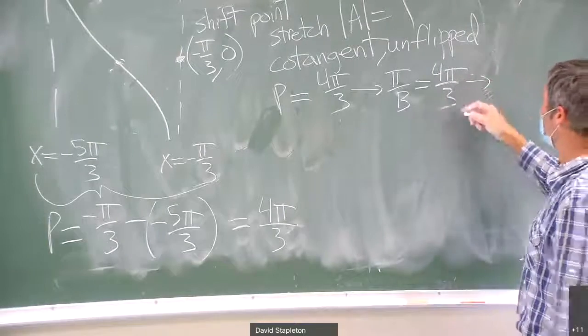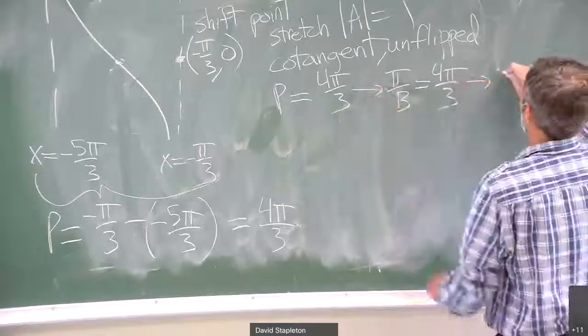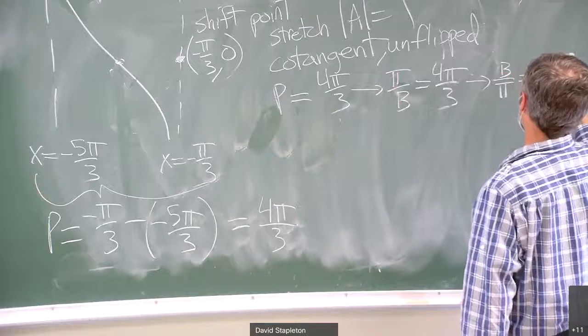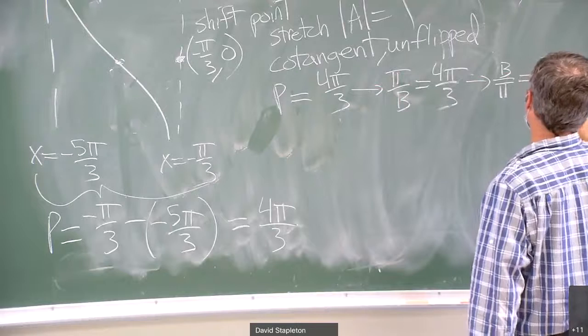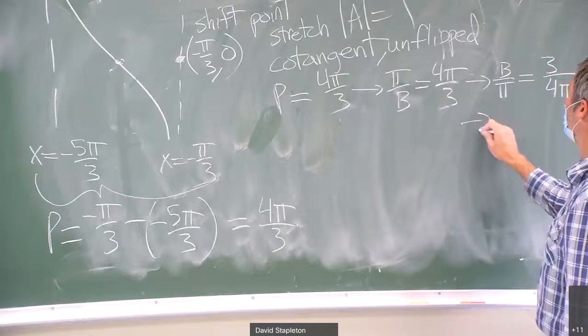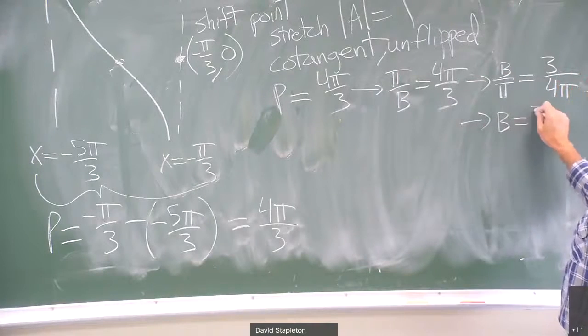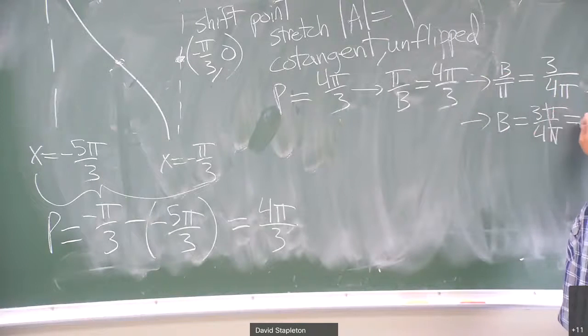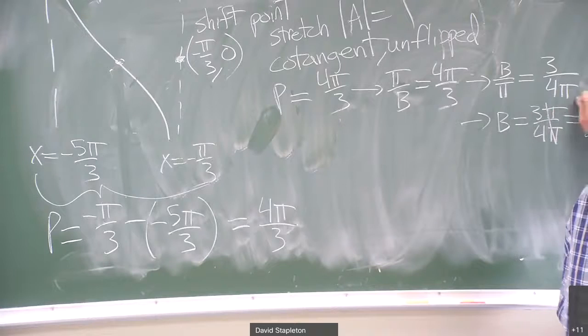So I'll flip these upside down. If these are equal, their reciprocals are equal, so b over pi is 3 over 4 pi. And then I'll multiply by pi and get b is 3 pi over 4 pi. Cancel the pi's, it's 3/4. So there's b is 3/4.